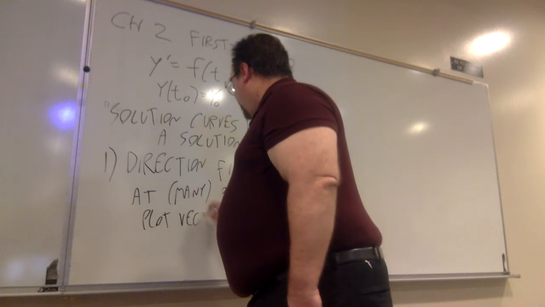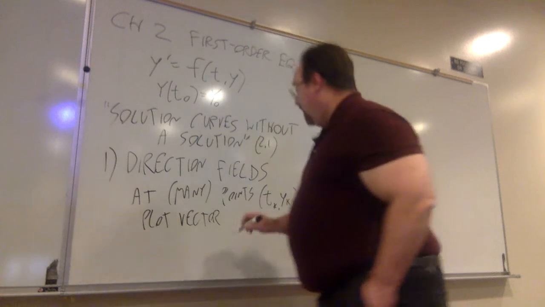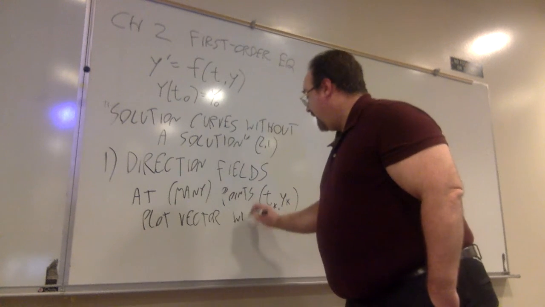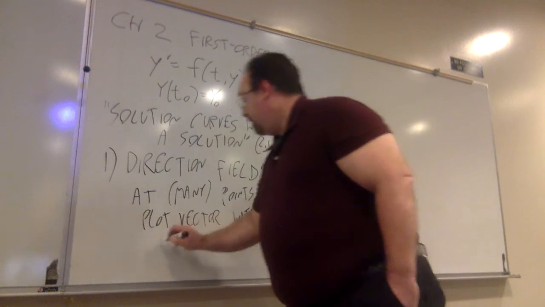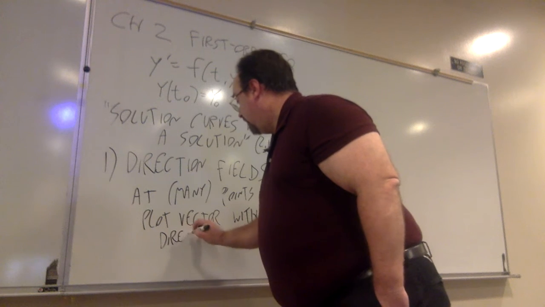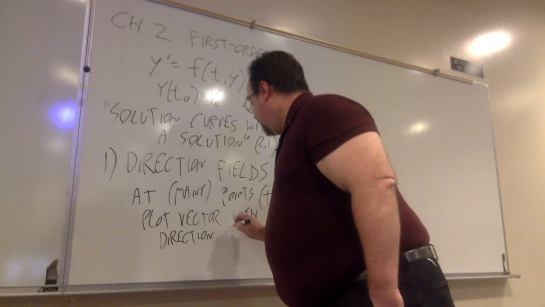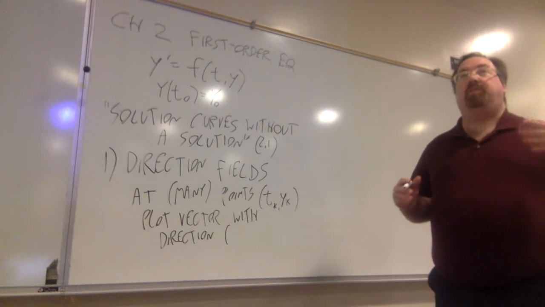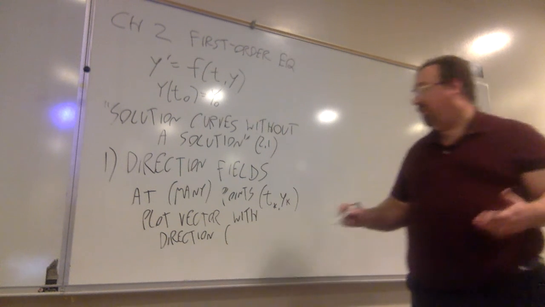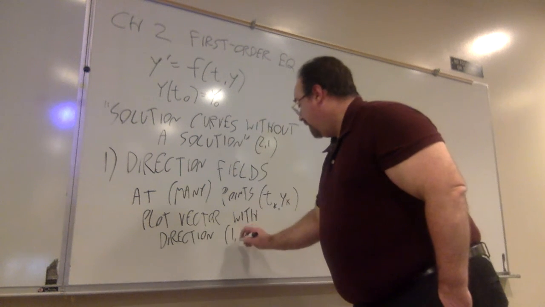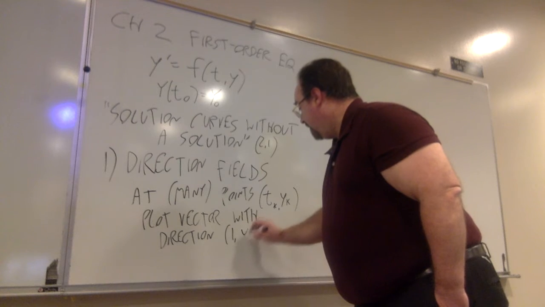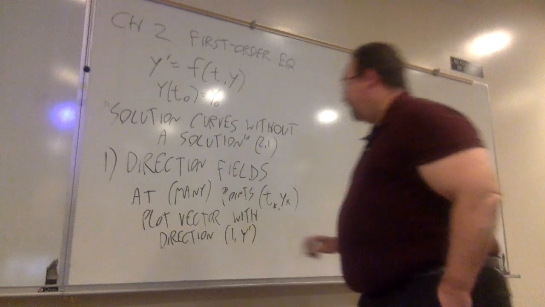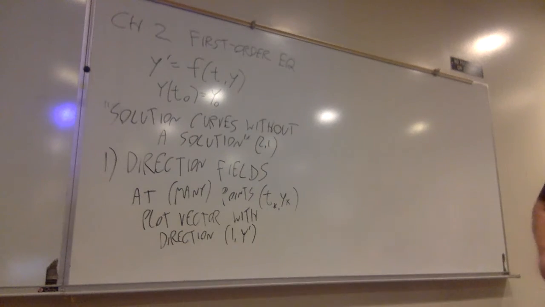You plot a vector that has this direction. So if you think of this as a vector of a t-coordinate and a y-coordinate, the t-coordinate is 1 and the y-coordinate is y prime. So in other words, it is a vector that is pointing in the direction of y prime.